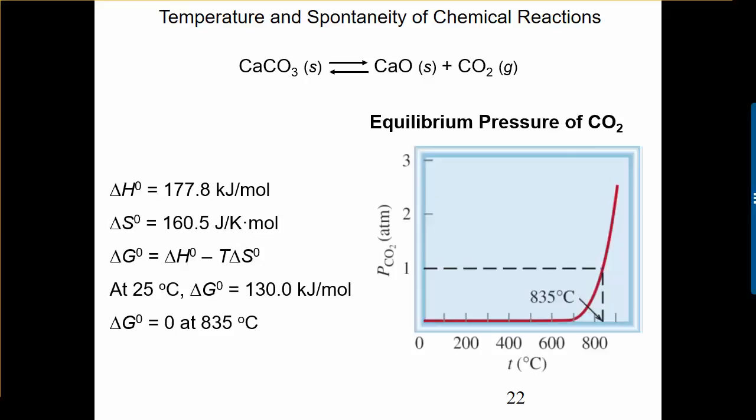Then delta G equals delta H minus T delta S. Delta G naught at the standard state, at 25 degrees Celsius, becomes 130.0 kilojoules per mole. So we have a delta H positive, a delta S positive, right? Delta H positive, delta S positive.